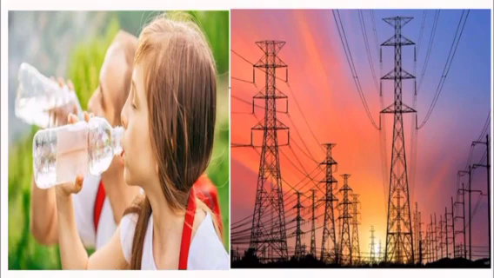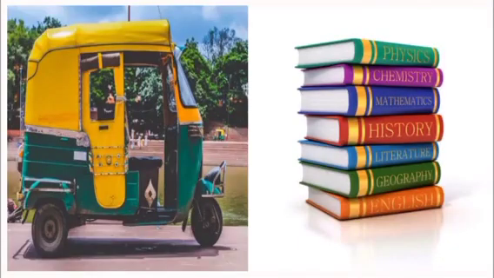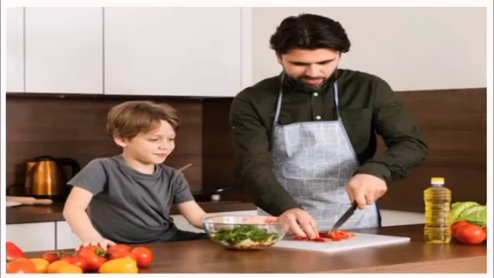The water you drink when you are thirsty, the electricity you use in your house, the rickshaw you use to get home from school, the textbooks you use to study, all are resources. Sometimes your father has prepared a tasty snack for you, right? The fresh vegetables he has used are also a resource.